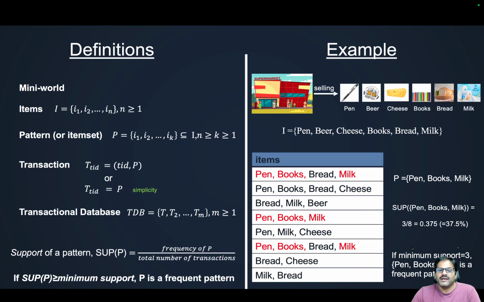We consider a pattern as frequent if its support is greater than or equivalent to the user specified threshold value called minimum support. For instance, if the user says that find all patterns that have support more than minimum support equivalent to 3, then we say pen, books and milk as a frequent pattern.